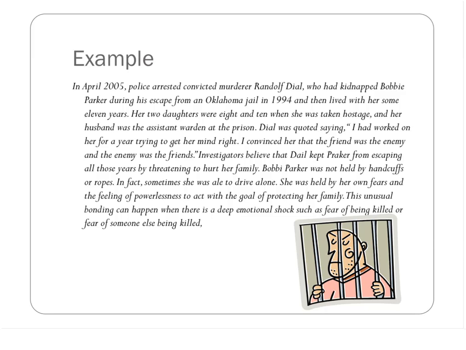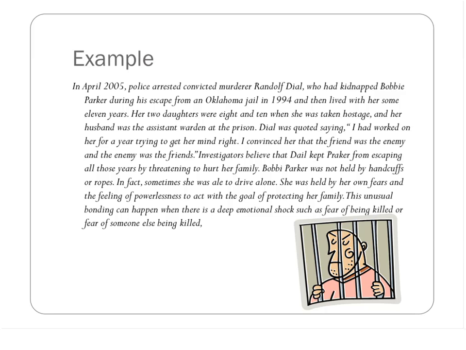In fact, sometimes she was able to drive alone. She was held by her own fears and her feelings, like feelings of powerlessness, to act with the goal of protecting her family. This unusual bonding can happen when there is a deep emotional shock, such as fear of being killed or fear of someone else being killed.